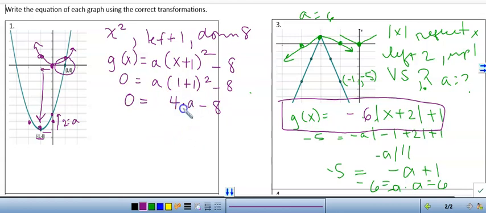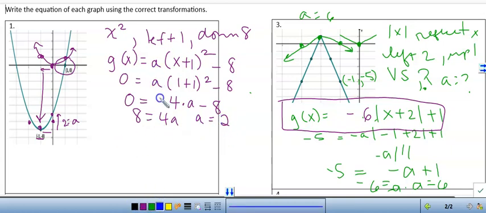You can't subtract 4 and 8. 4 minus 8, you're not allowed to make that -4A, because the PEMDAS says that you have to multiply by A first. So if I start solving this, I'll add 8 to both sides. I get 4A equals 8, and therefore now know that A must be equal to 2. So it's exactly what I thought it was going to be from the very beginning.